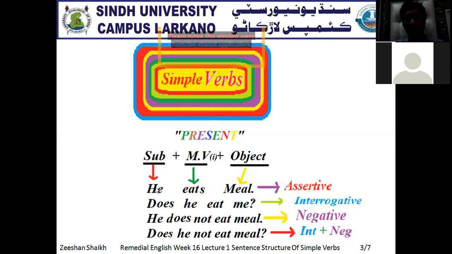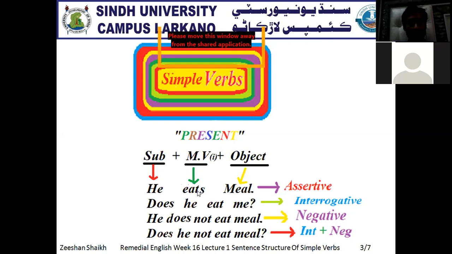Now if you just focus on the assertive sentence, he eats meal. Clear? Because now we have given s especially to the main verb, that is eat. Now some of the students have a question: sir, why have we given s to the main verb?